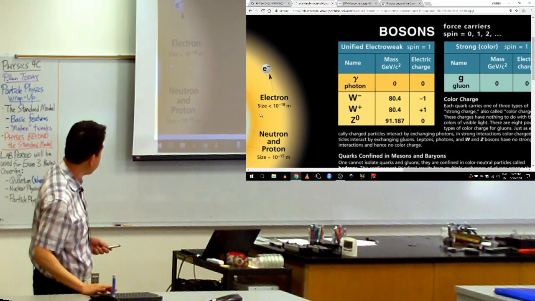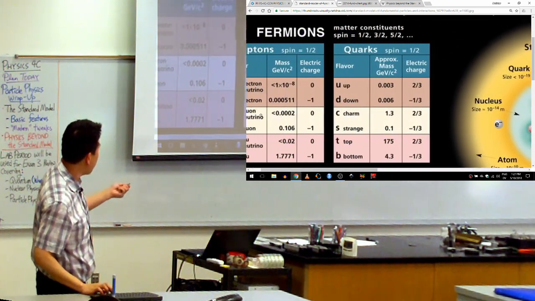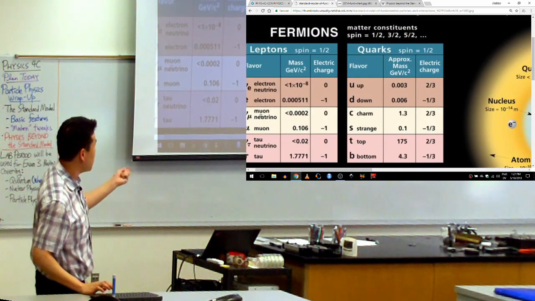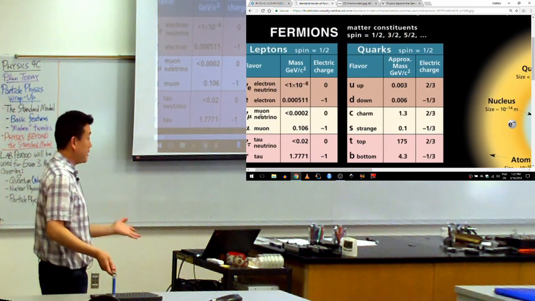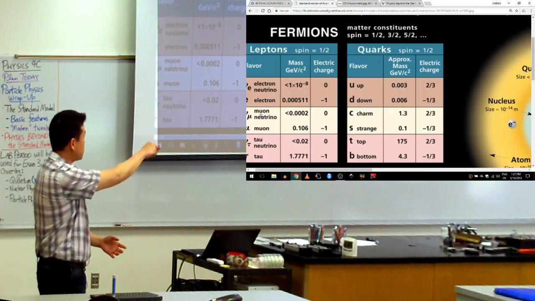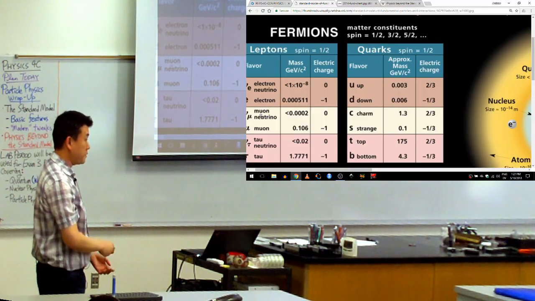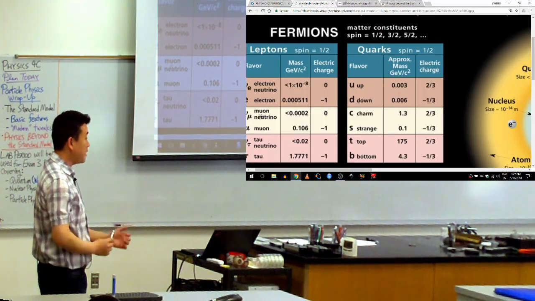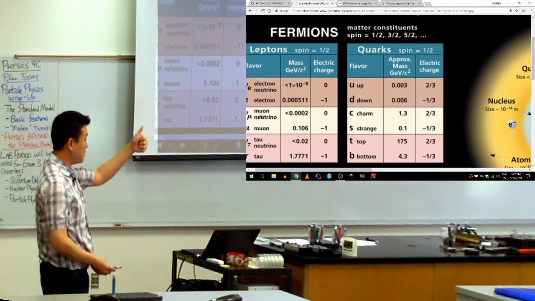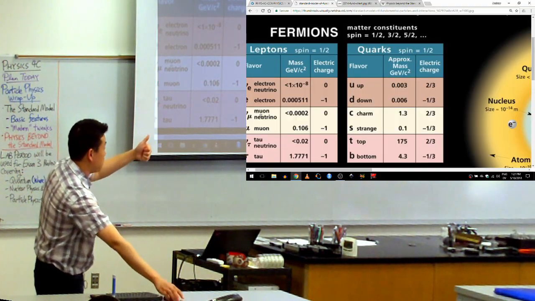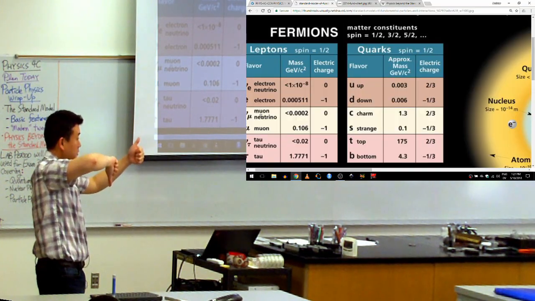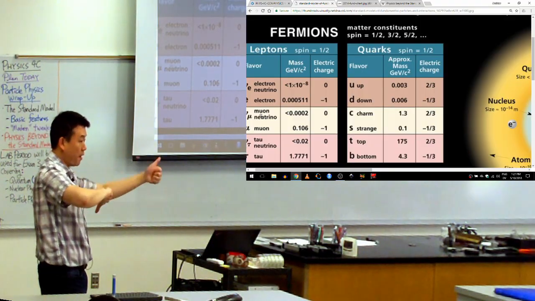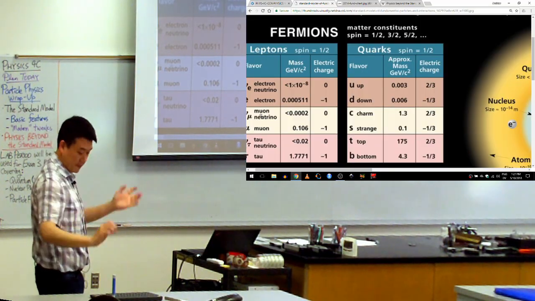And you can especially see that here with up and down quarks. In fact, you have interactions that turn an up quark into a down quark. So they are in some sense interchangeable, like a spin up electron in a magnetic field is interchangeable with a spin down electron. There are processes that will turn one into the other, right?